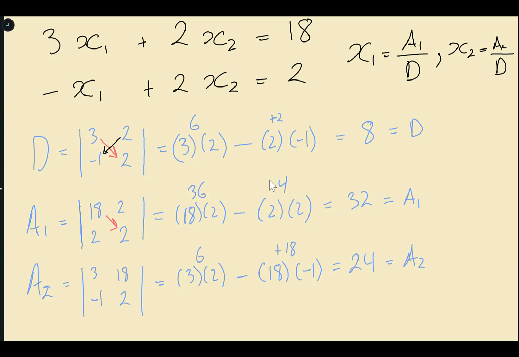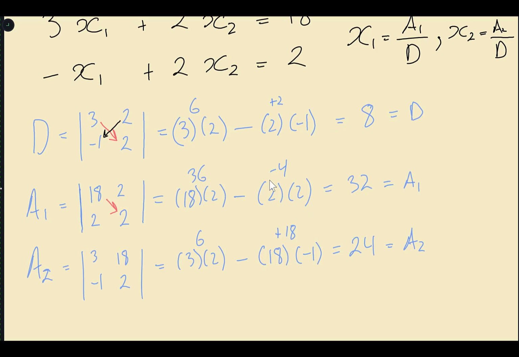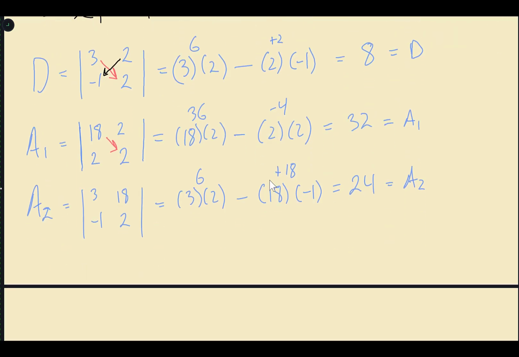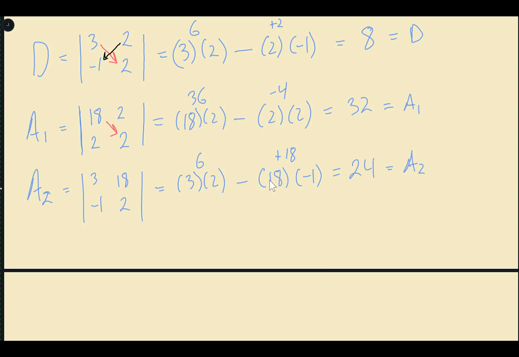Now we can go back to the equations for x1 and x2 and plug in the values we found. x1 equals A1 divided by D, which is 32 divided by 8, which gives us 4.